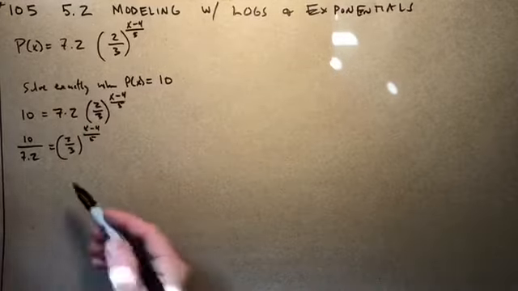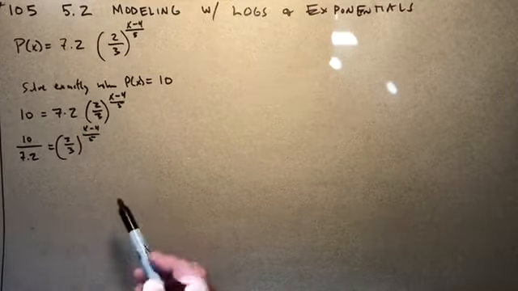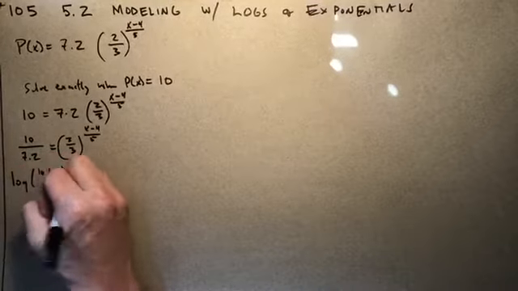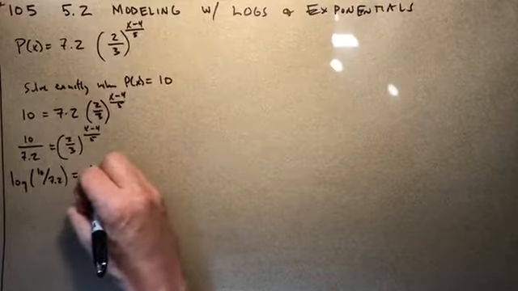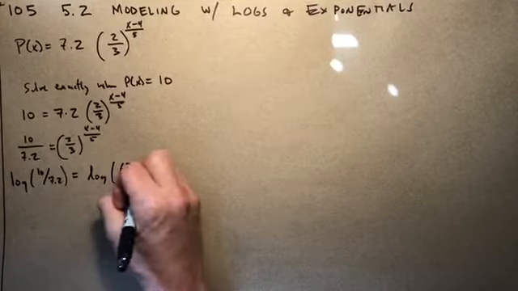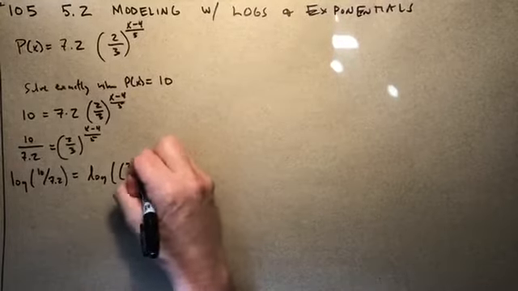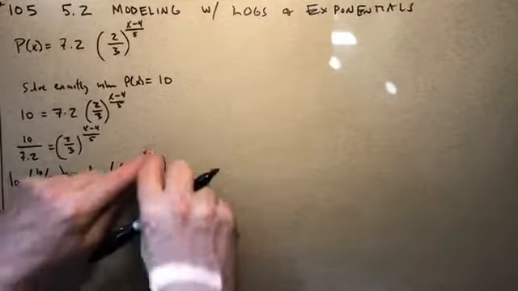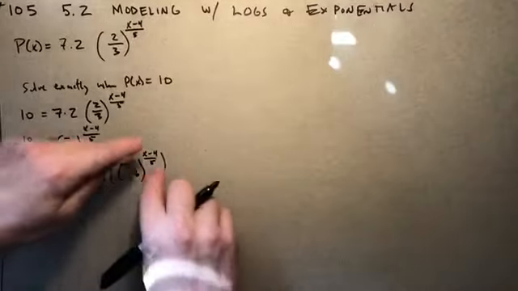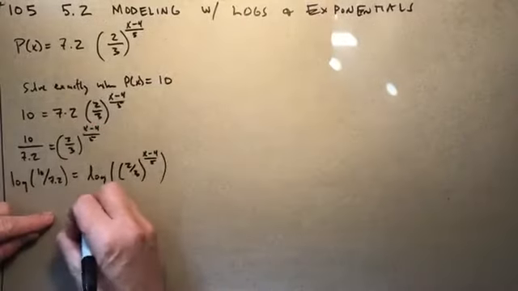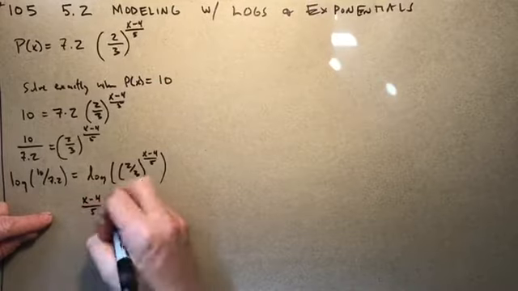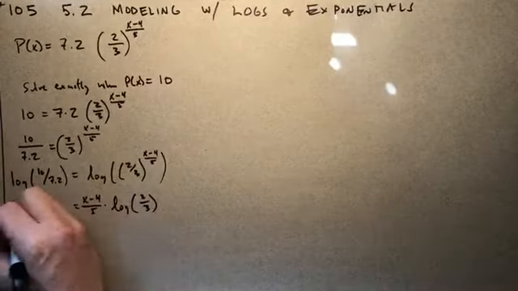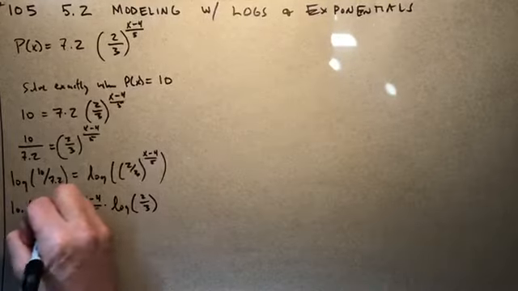And now I can apply logarithm to both sides, having the log of 10 over 7.2 is equal to the log of 2/3 raised to the (x minus 4) over 5. Notice that that 2/3 is being raised to that power, and that power is inside of logarithm, letting me know that now that power can come down. I have (x minus 4) over 5 times the log of 2/3, and that's equal to the log of 10 over 7.2.